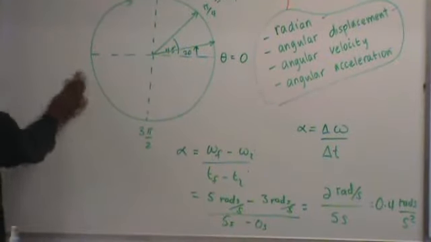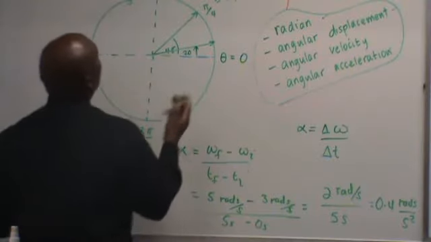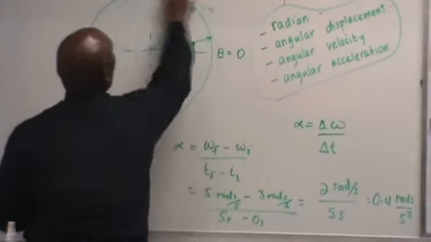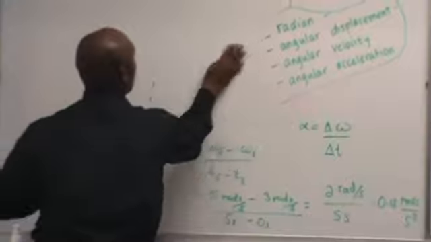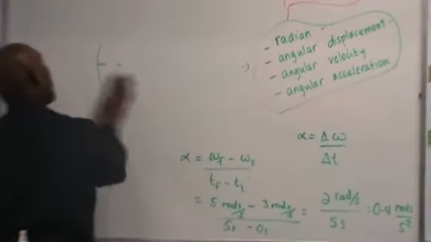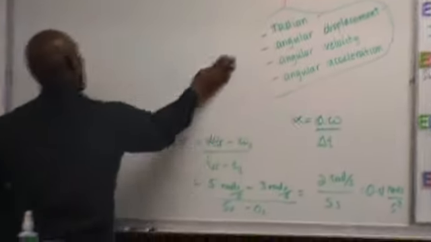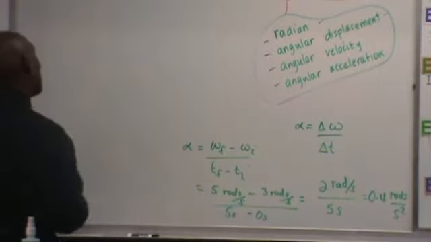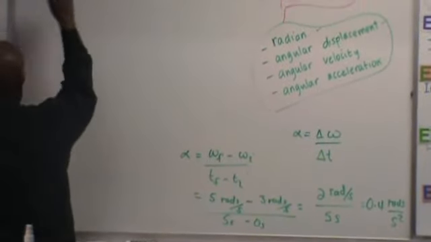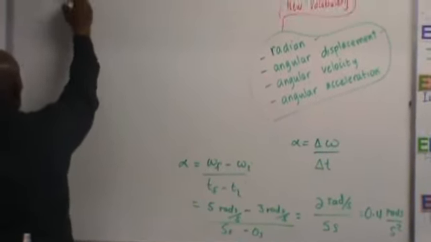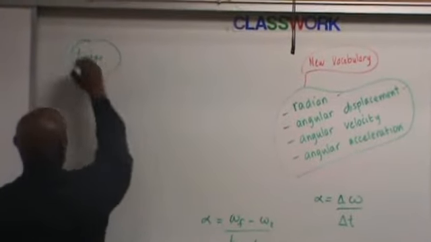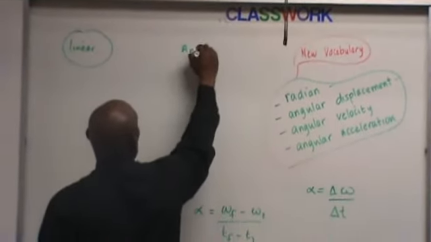What have we learned? I'm going to summarize real quickly so you can see clearly. Linear, angular.